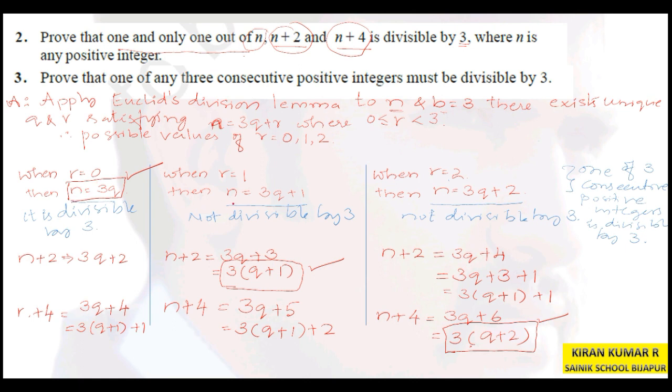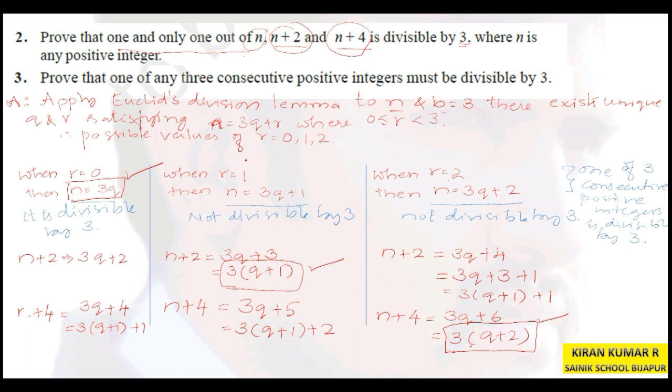When remainder is 1, n plus 2 is divisible by 3. When remainder is 2, n plus 4 is divisible by 3. So 1 and only 1 out of n plus 2, n plus 4 is divisible by 3. This complete answer is an answer for the second question.